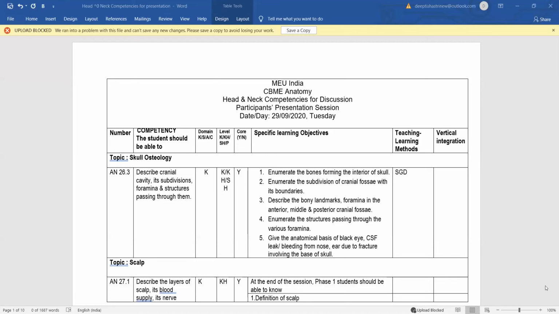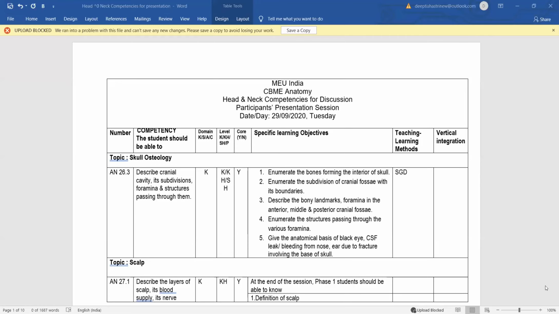So during the formation, there should be one or two more SLOs where Madam could add identify or demonstrate the foramen in the base of the skull or in the front of the skull, to fulfill the K and S domain of AN 26.3 given in the MCI document. Thank you.